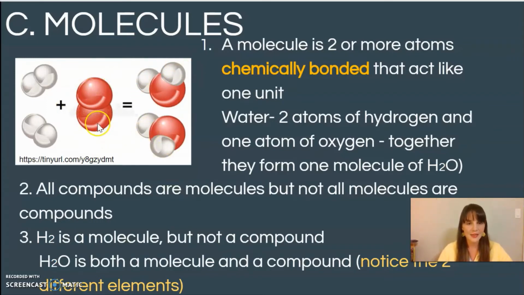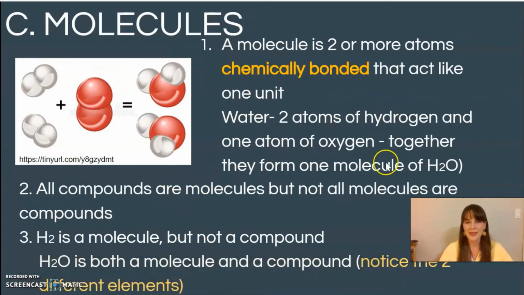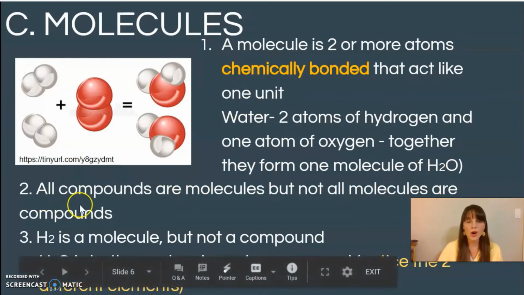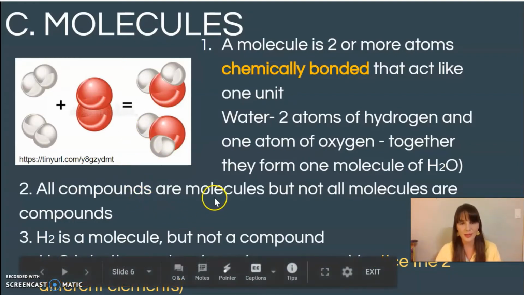Together they form H2O. So all compounds, since they are atoms chemically bonded together that act like one unit, are molecules, but not all molecules are compounds.